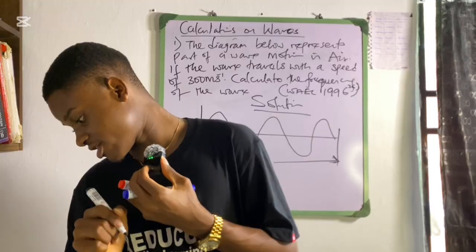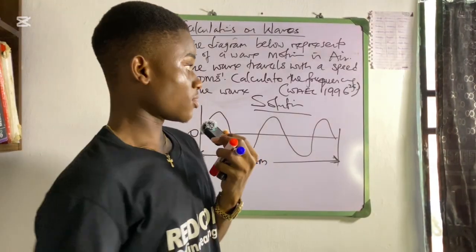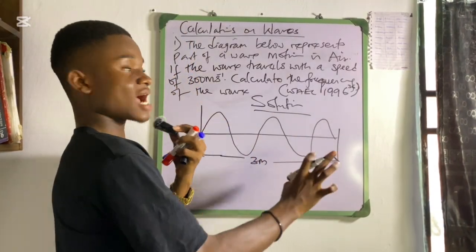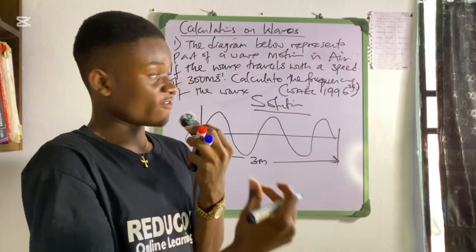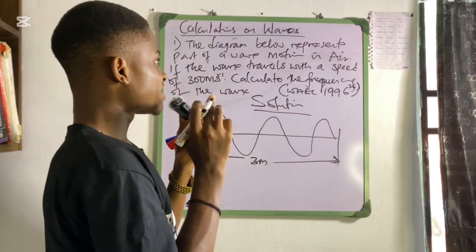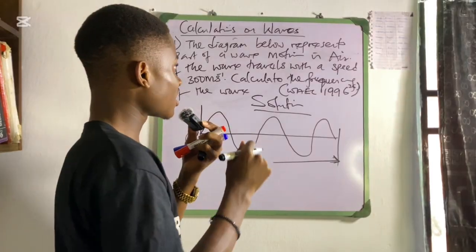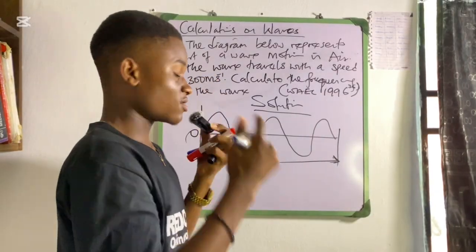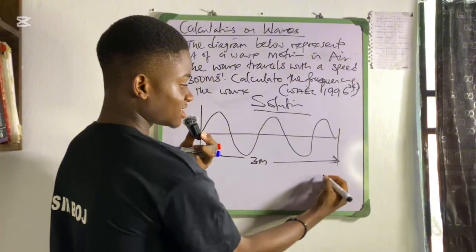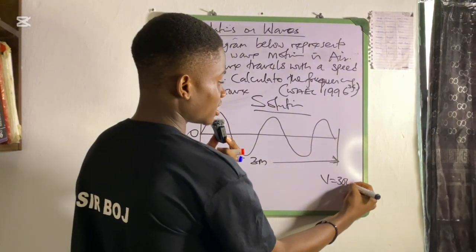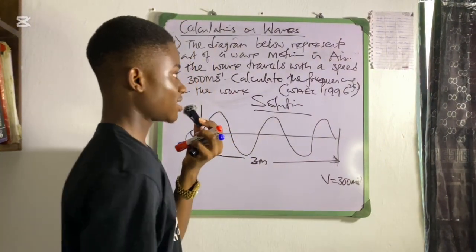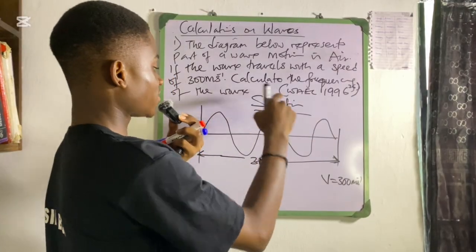So this is very simple. This diagram represents part of a wave motion in air. If the wave travels with a speed of 300 meters per second, that means the speed V is equal to 300 meters per second. We are asked to calculate the frequency of the wave.